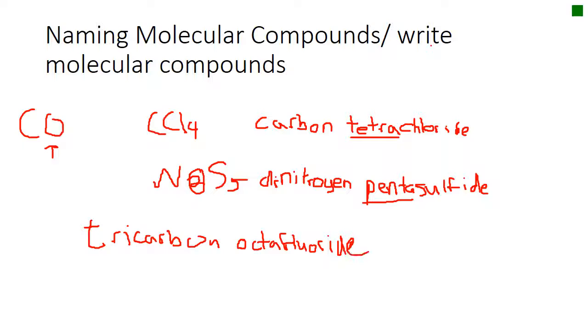I see carbon. I've got tri, so tri means I have 3 of them, so I put a 3 there. Fluoride, I have to recognize that should be fluorine when I'm talking about the actual elements. So that's my carbon, that's my fluorine, and octa means 8, so I have 8 fluorines. There's my molecular formula.